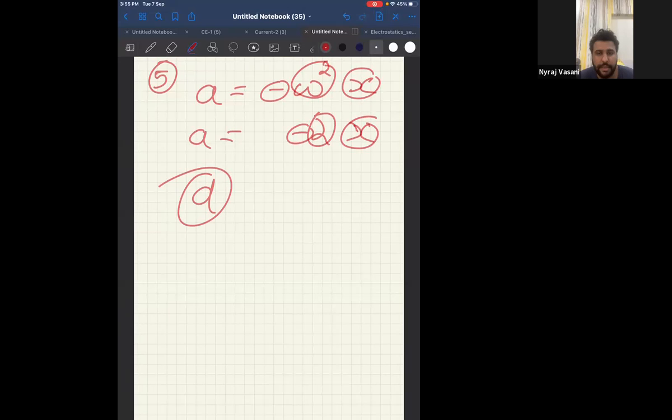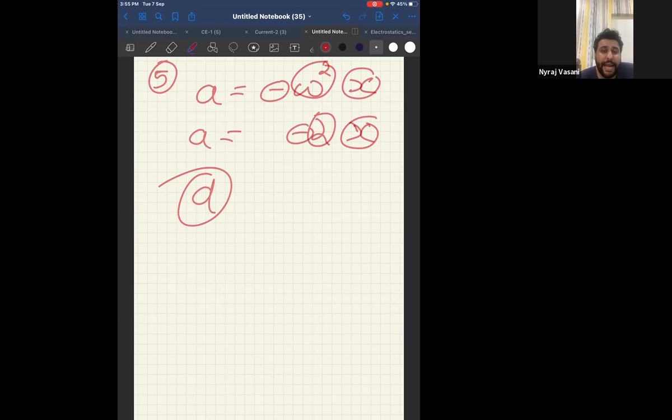Is it clear? Now, look at question number 6. Before you start question number 6, can you come to the topic of graphs of x, v, and a of a particle starting from extreme position? You have drawn the graphs of acceleration, velocity, and displacement of a body starting from extreme position, correct?